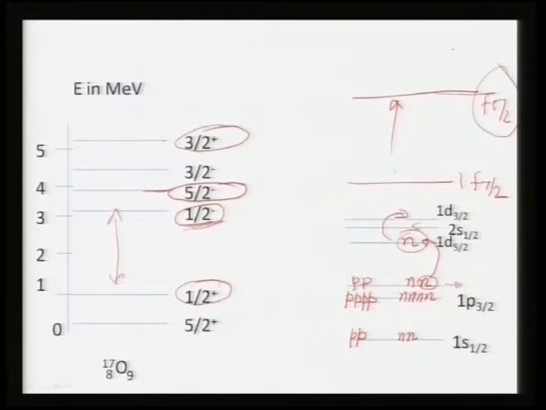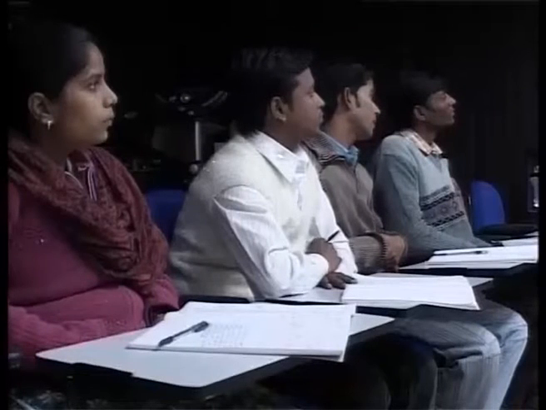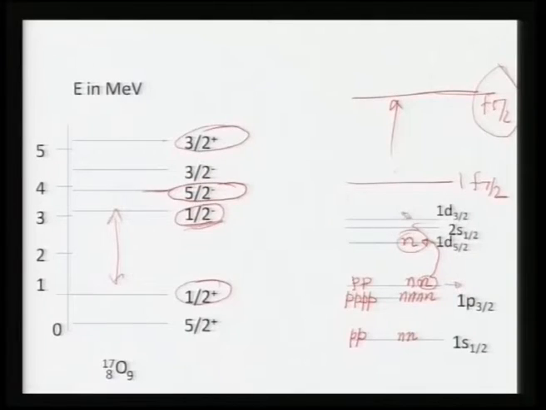So, from where am I getting this 5/2 minus, right, that is a question. This is the ground state configuration, and I need that 5/2 minus.